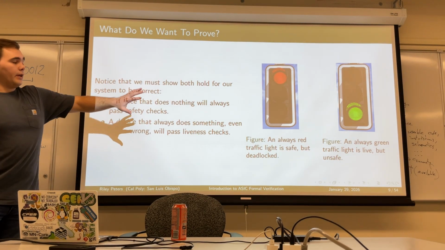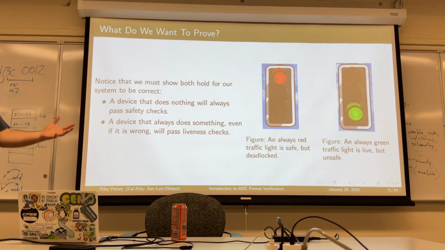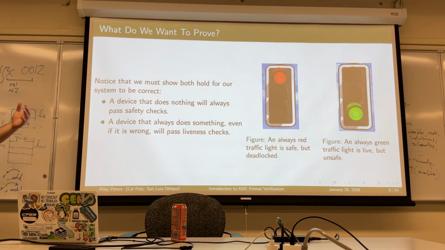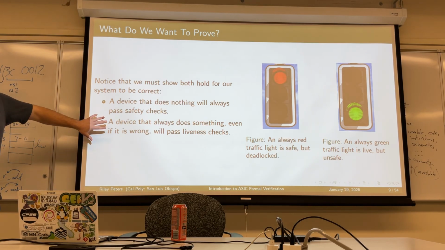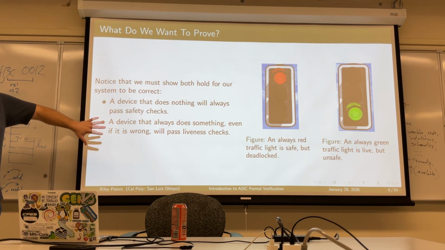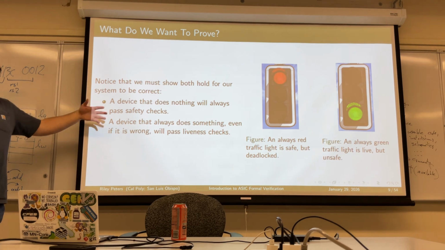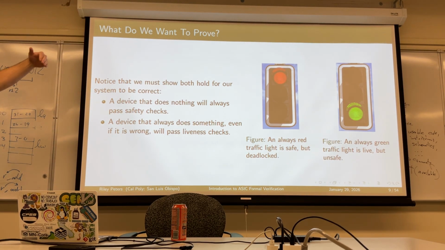A set of lights that are always green, where every car can go, is live, so things will happen, but you're very likely going to have a car crash, something's going to break. So if a device always does something, even if it's wrong, it'll pass the liveness checks. So you need this balance between safety checks and liveness checks to prove that something is correct. Otherwise, you can't really say much about your design.